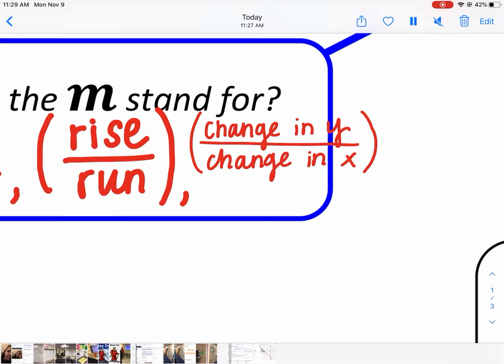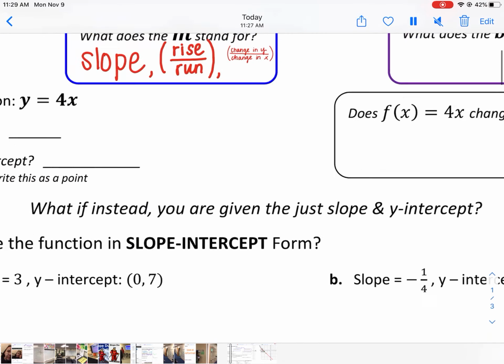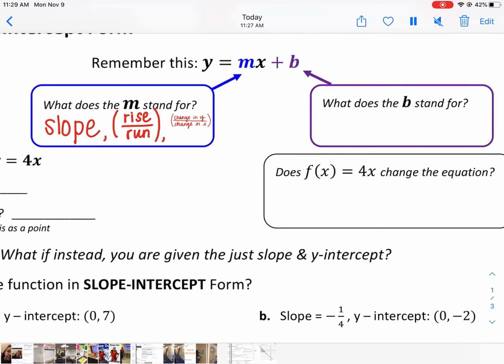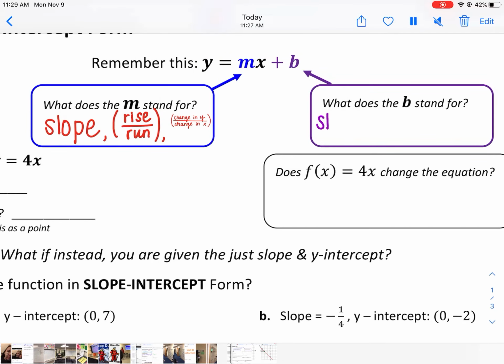Okay, so we are going to be given a slope, or we'll have to find the slope, as well as finding the y-intercept. And we're going to have to write our own equations now.